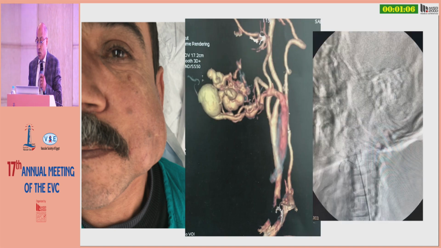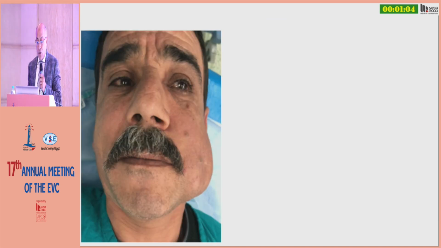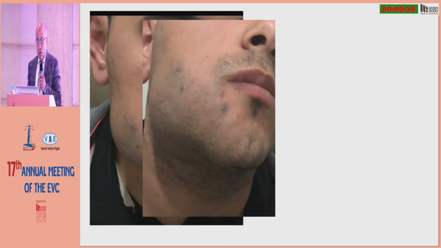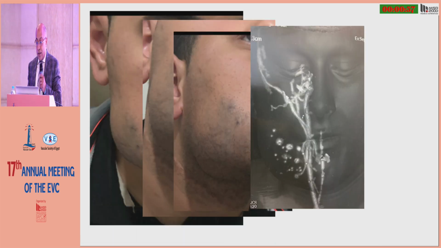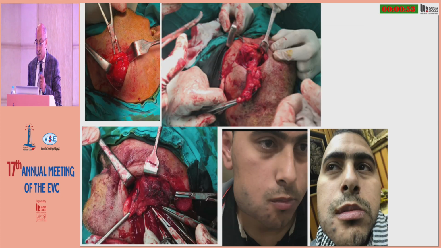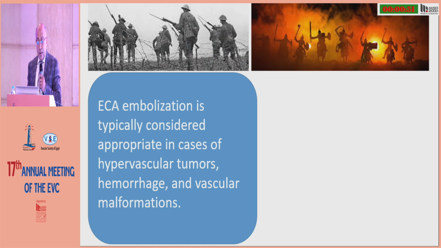Again, lesions with pre-embolization and then followed by surgical excision. Again, for large lesions affecting a diffuse area, multiple embolizations several times and then surgical excision, and you will have a very good improvement. Again, you can do extracranial embolization of large lesions.